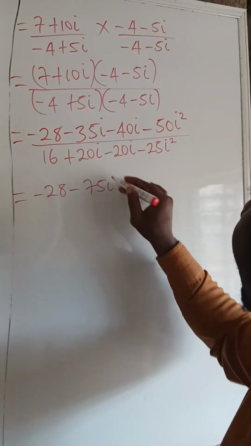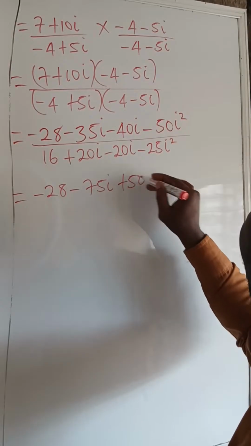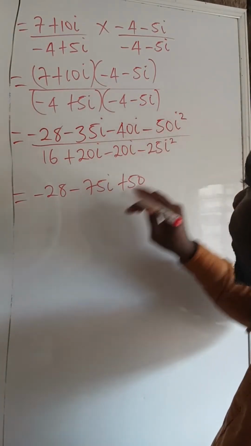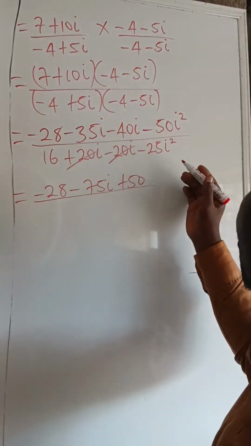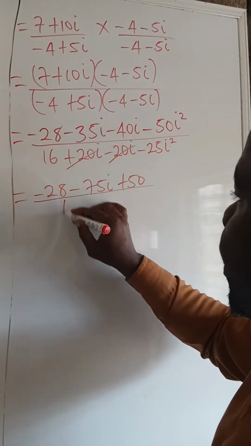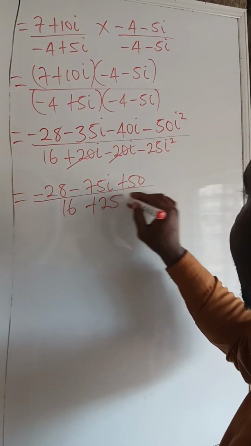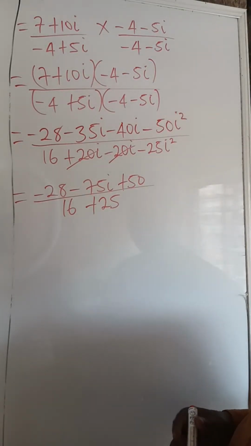Then here will be plus 50, because i square is minus 1, and minus 1 times minus 50 is plus 50. Then all over, the imaginary terms cancel, and here will be plus 16 plus 25, right? 16 plus 25, isn't it?